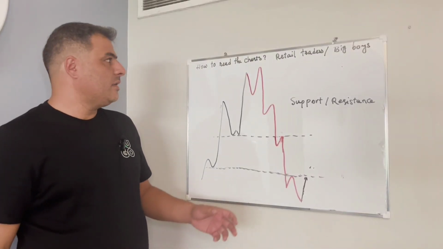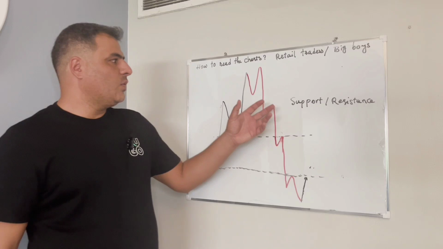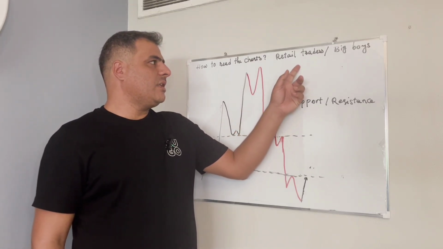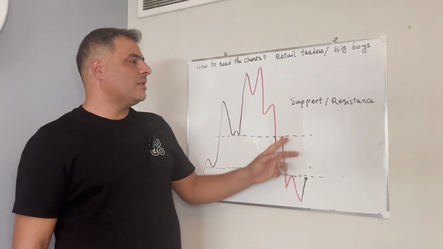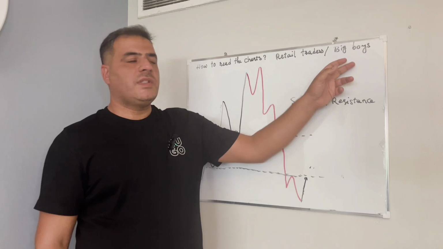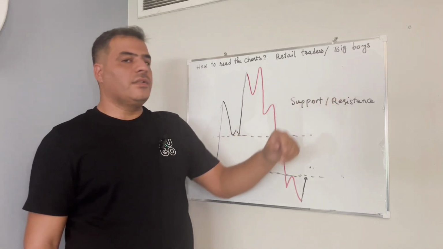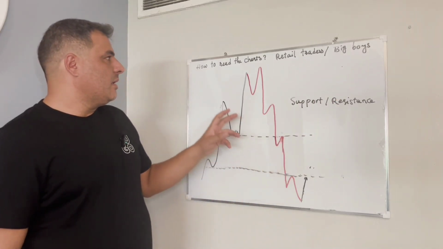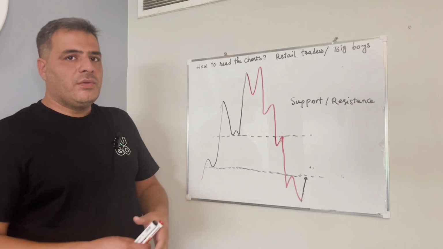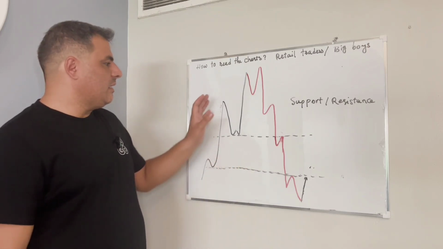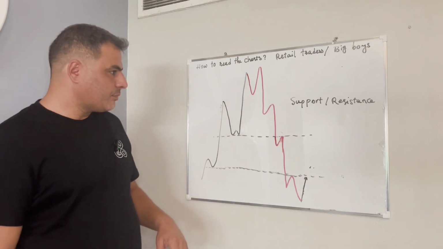Today we are discussing the way that retail traders see the charts and how the big boys and banks see the charts. So we are trying to find a correct way to read these candles and movements.